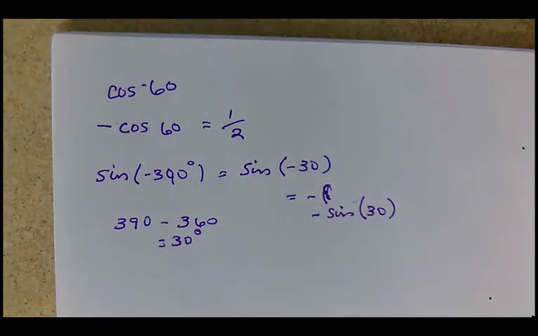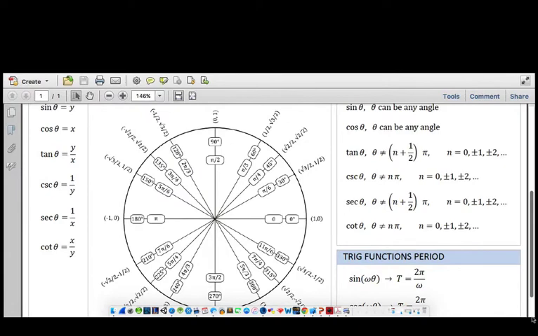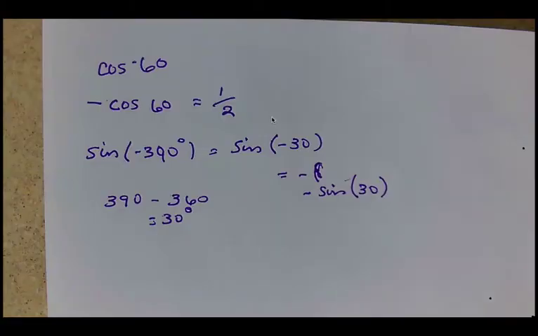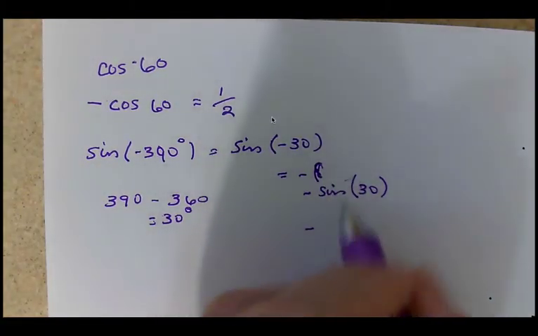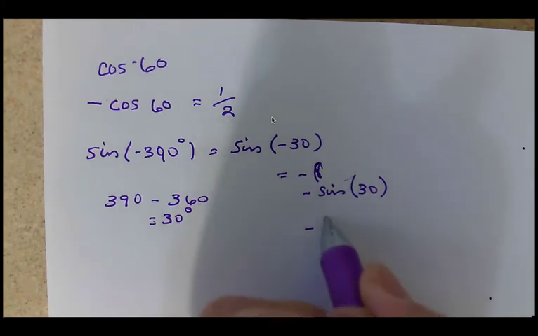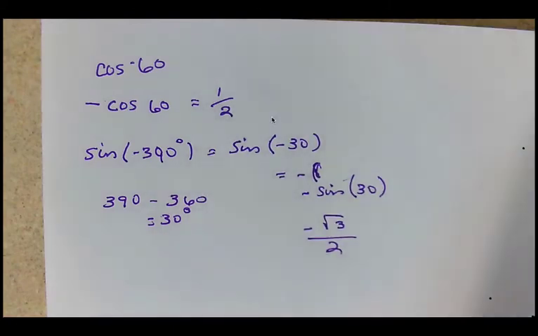Again, go to your chart real quick. Sine of 30 degrees, come over to 30 degrees, is half, which is equal to the negative square root of 3 over 2.